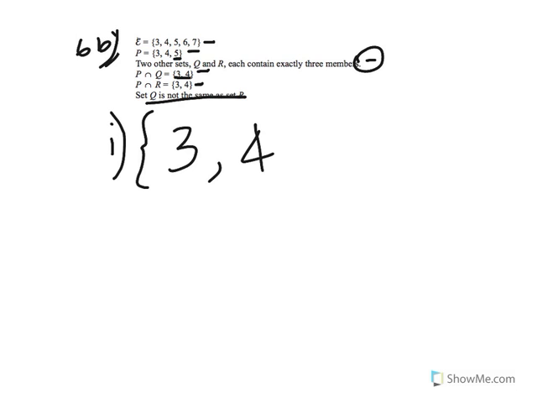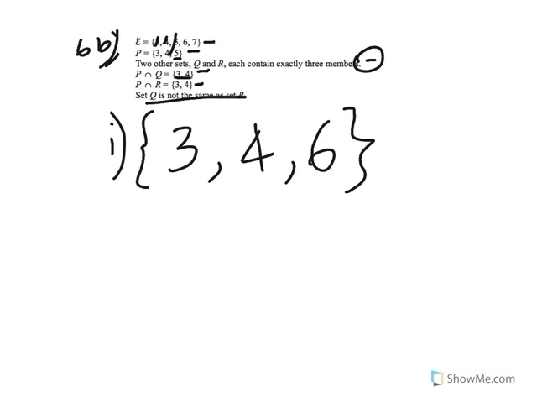And so you know that 5 cannot exist in Q. And 3 and 4 you've already written down. So that leaves 6 or 7. Honestly it doesn't matter. It could be either 6 or 7, as long as R has one of them and Q has one of them. So if Q has 6, then R should have 7. If Q has 7, then R should have 6. It doesn't really matter, so you can either write 6 or 7, but I'll just write 6 for the heck of it. So that means that the members in Q are 3, 4, and 6.